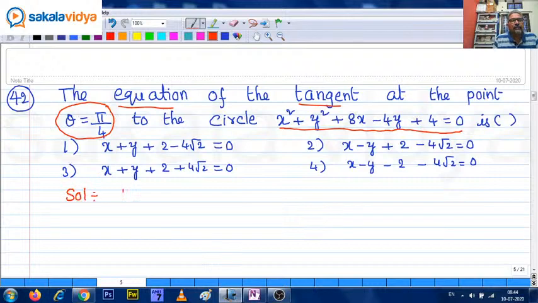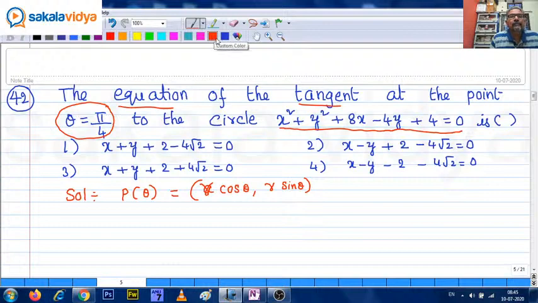Point P equals to P of theta equals to a cos theta, sorry, r cos theta, comma r sin theta. This is wrong actually.